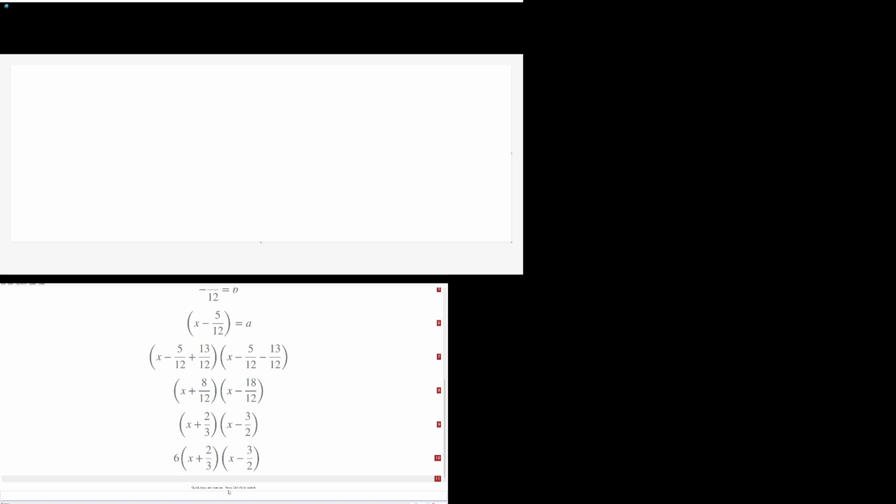Okay, and now I've got an equation to work with, this here. And it's a little bit inconvenient because of how to multiply this in. So the easiest way to do that is to split this 6. And what we're going to do to split that 6 is we're going to go 3 times x plus 2 over 3, right? And the second part of that is the 2, right? 6 over 3 is 2. And then we're going to add in x minus 3 over 2.